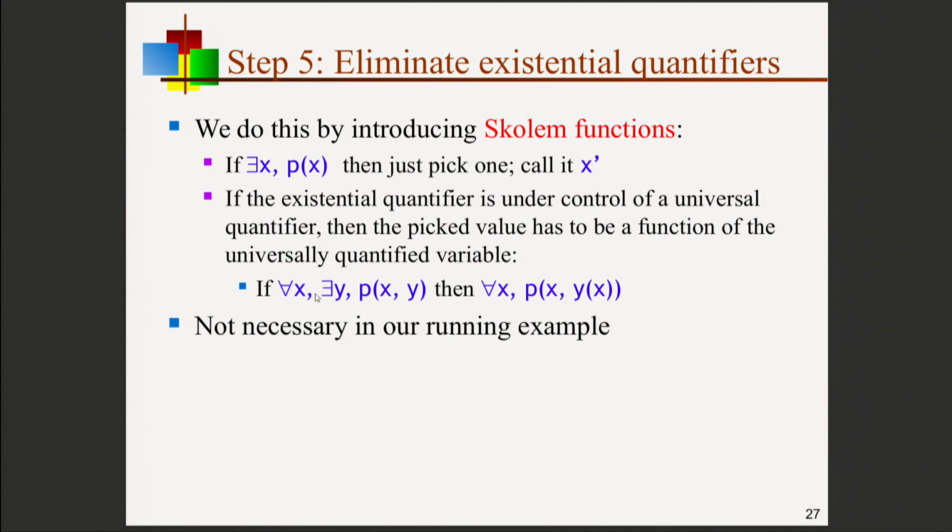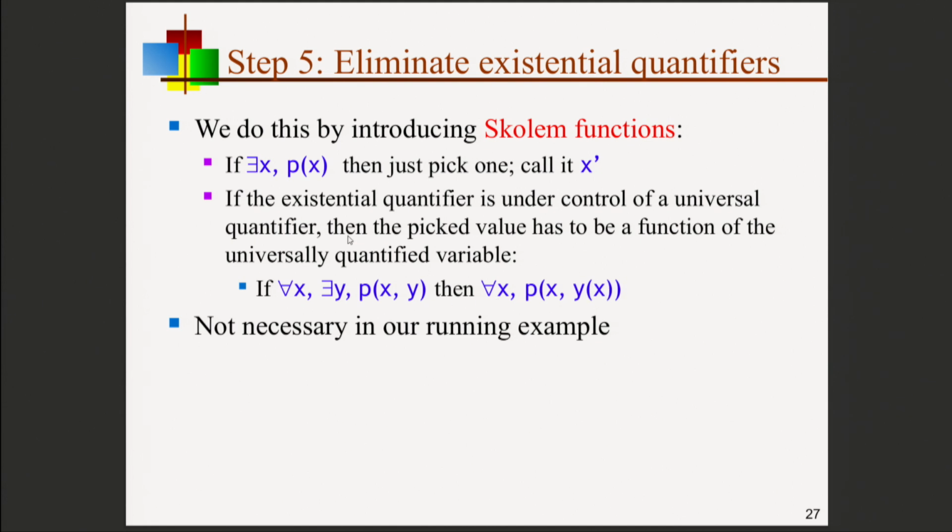On the other hand, if the exists symbol is within the scope of for all x, then we would write that y as a function of x. For example, if you see here for all x p of x comma y of x, this y of x is a function of x. In this case, we are going to call it a function.